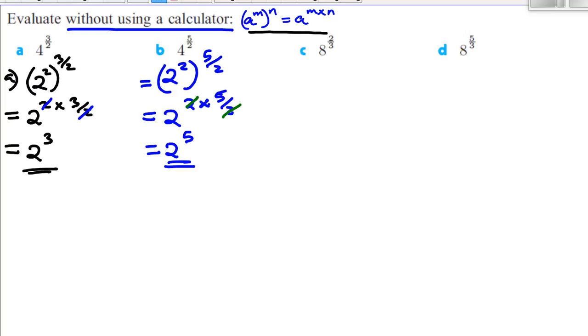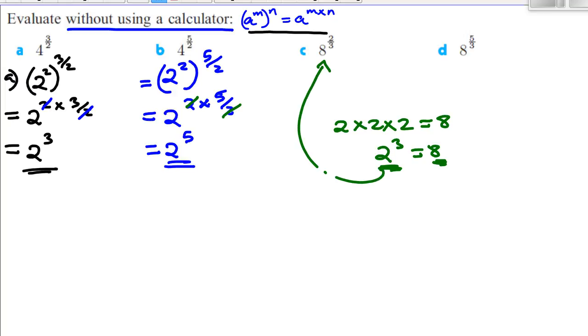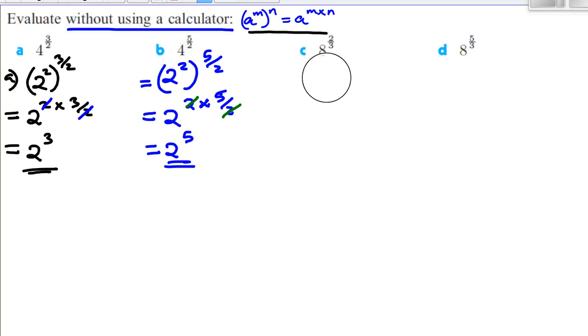Okay, in C, we have now 2 multiplied by 2 multiplied by 2 is 8. So 2 cubed is 8. So instead of writing 8, we'll just write 2 cubed. That's exactly what I'm going to do.